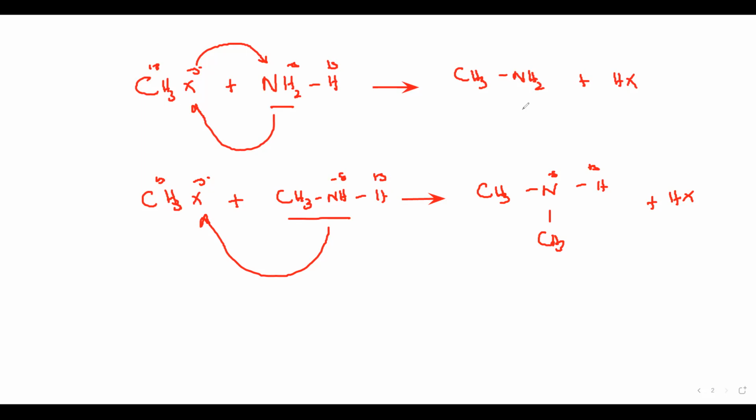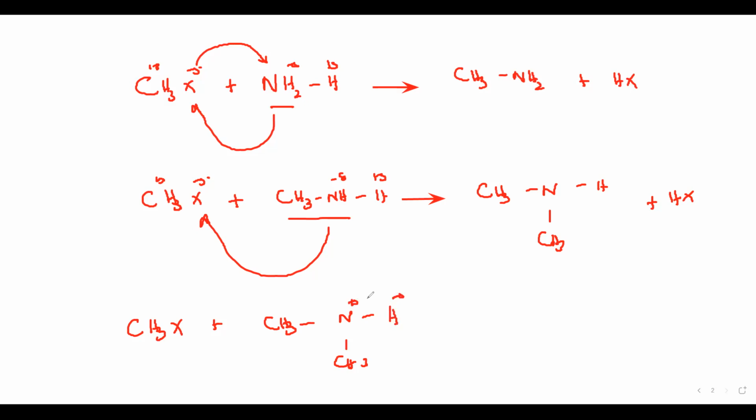And then this is partial negative, this is partial positive. So this will further react with halogenoalkane, because we have more halogenoalkane. So the reaction will continue until all of the hydrogens are replaced.